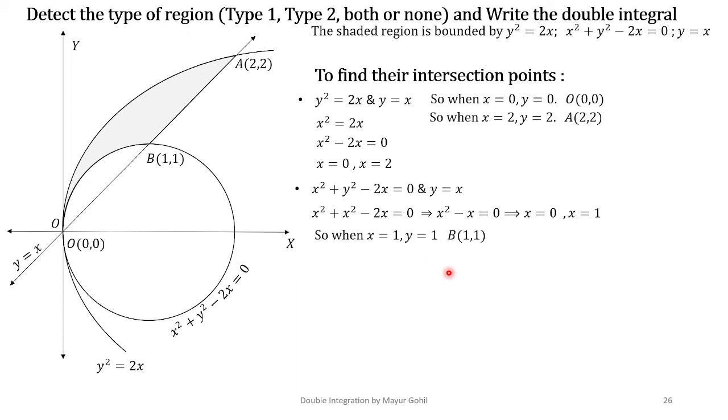Now comes the most difficult and the crucial part of understanding the diagram as a type 1 or type 2 region. So let us see how to detect when we don't have any clue whether the region is type 1 or type 2. The most important thing is that we are expected to do some rough work.